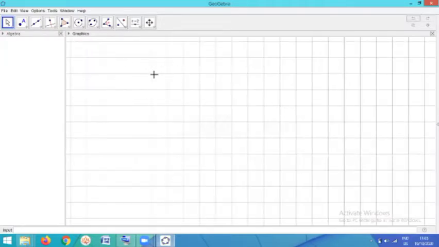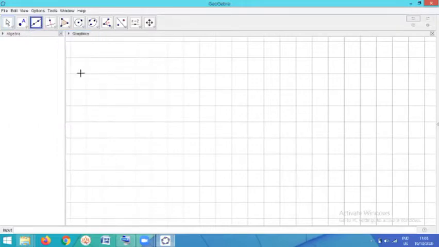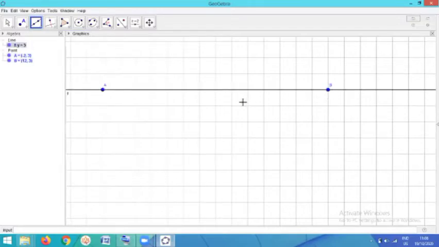First, we draw two parallel lines in GeoGebra. To draw the parallel lines, first we draw the straight line. Click the menu line and click tool line. We click 2 points, point 1 and point 2.